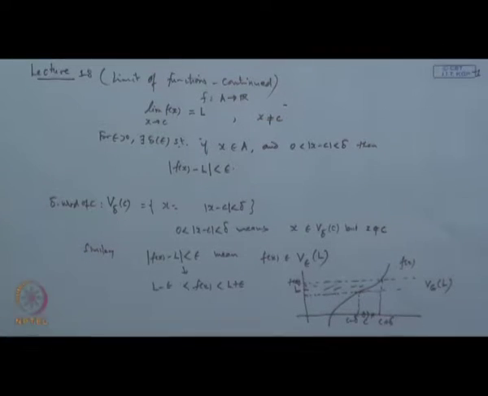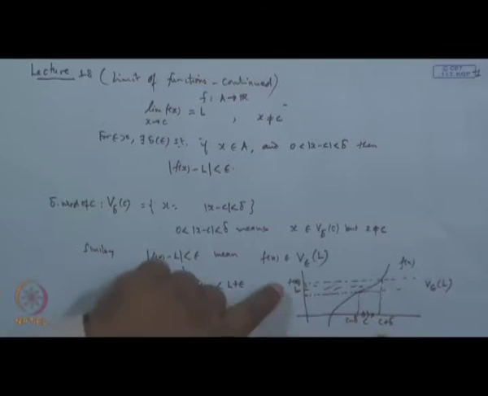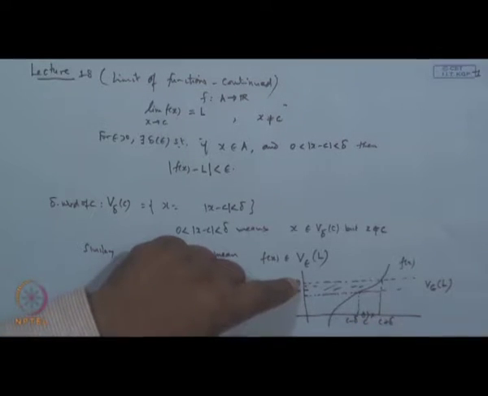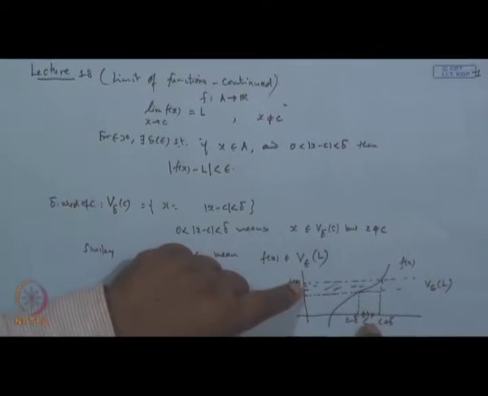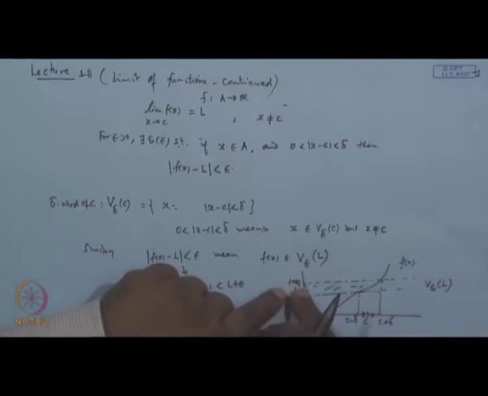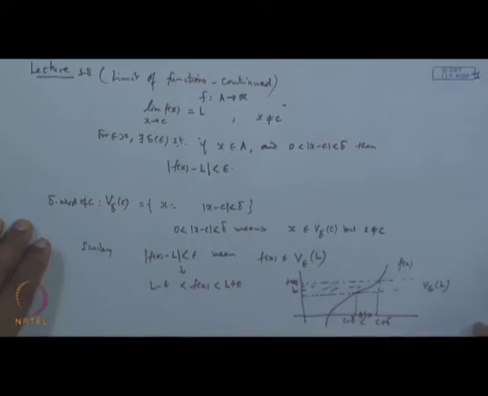Okay. If it is not so, then obviously the limit of the function f(x) when x tends to c will not exist. It means that there will exist some epsilon neighborhood of L such that for any delta we choose, there will be an x for which the value of the function will lie outside of this range, if the limit does not exist.